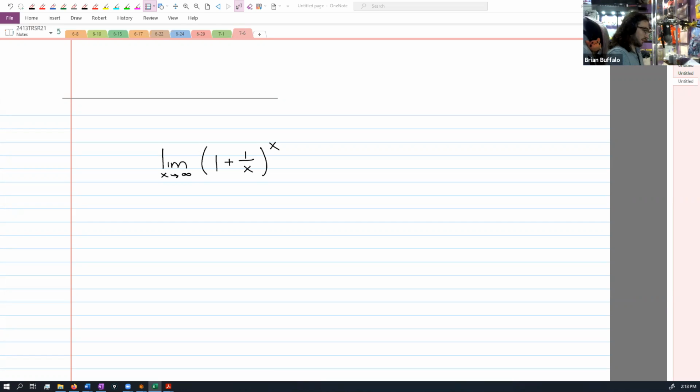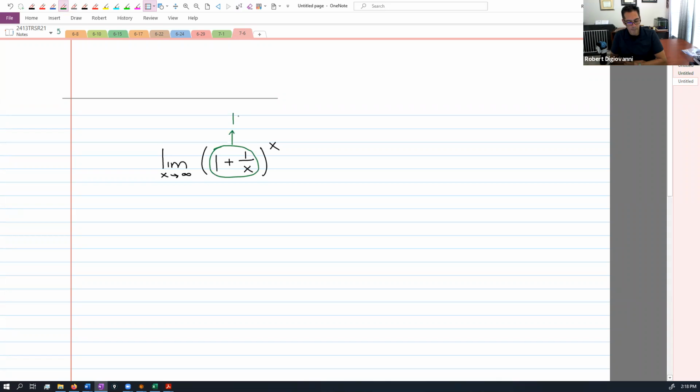So I looked at the start and I saw that it was the 1 plus 1 over x. So that would ultimately go towards 1, wouldn't it? Yes. And then x goes to infinity, so we'd have the 1 over infinity there.